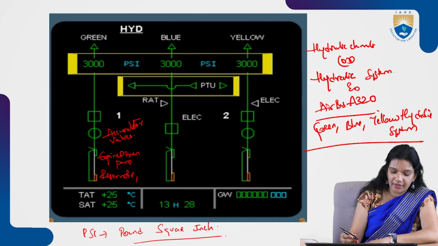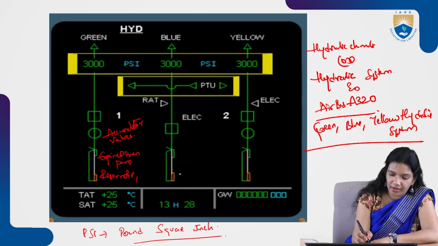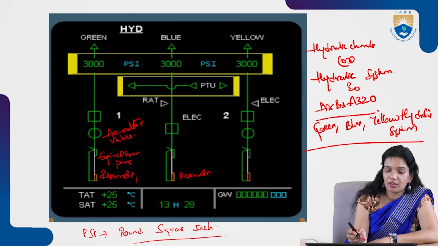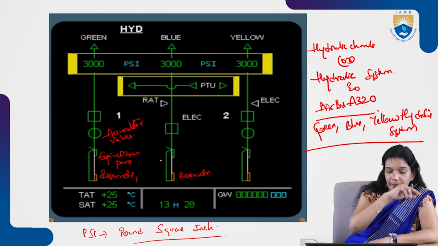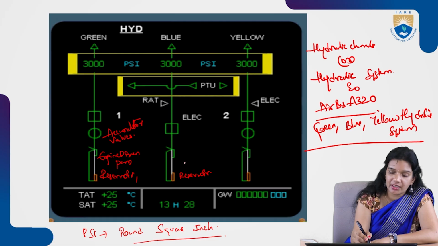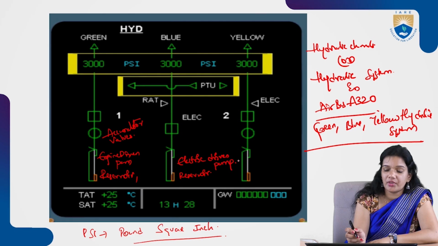So similarly, even here we have a reservoir. All right, so even the blue system has its own reservoir, right? But the difference is we don't have engine driven pumps here. So it is completely ELEC, which is electric driven. So it is electrically driven pumps.